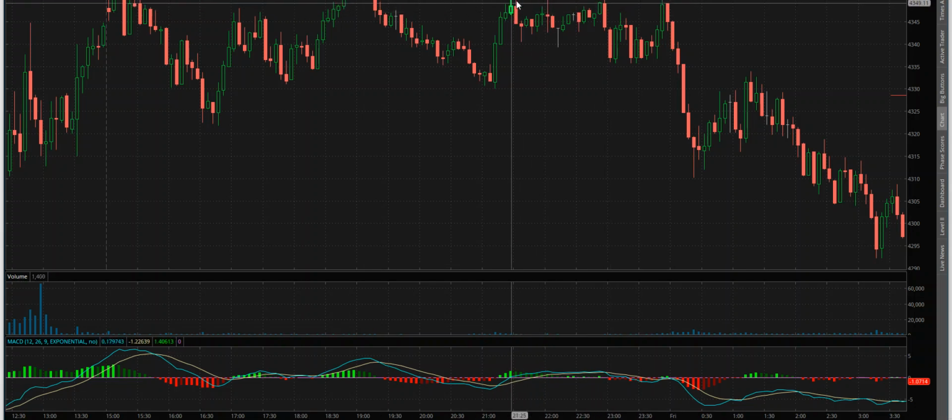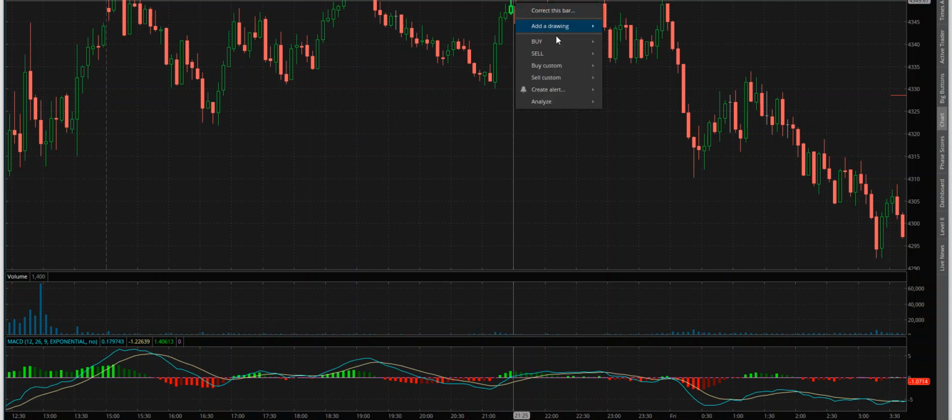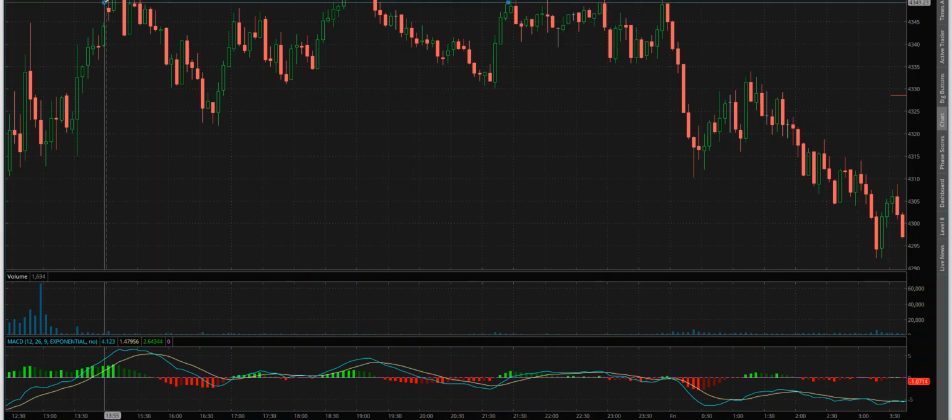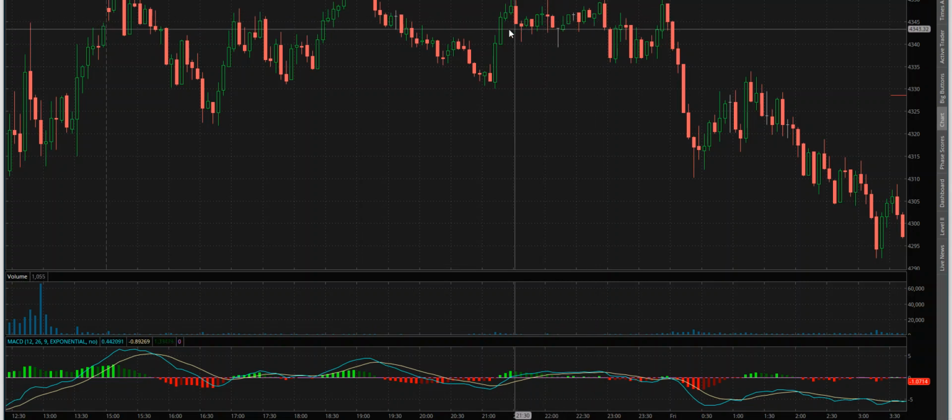So if you draw this resistance line like this, so let me right click this one and just draw this. So one, two, three, four. As soon as it hits this one, it bounces. This one bounces. This one bounces.